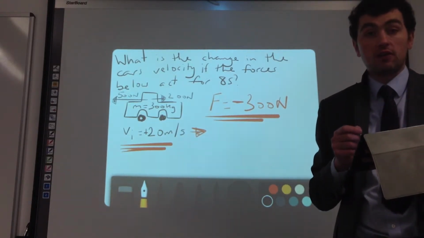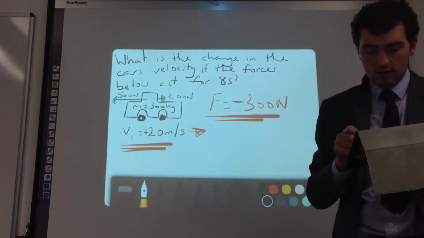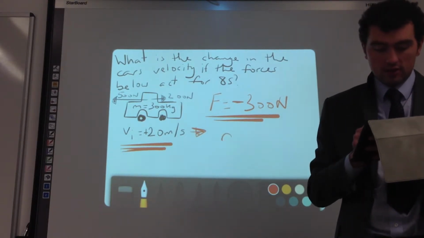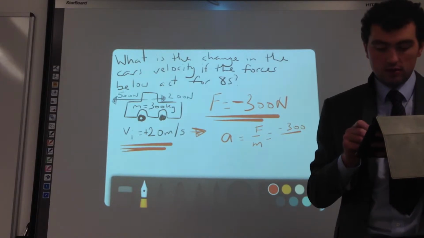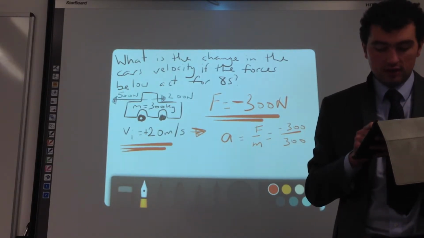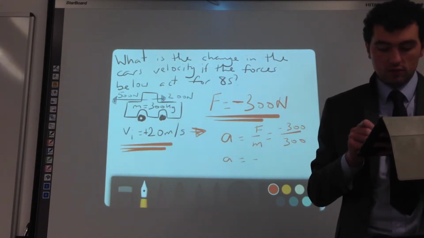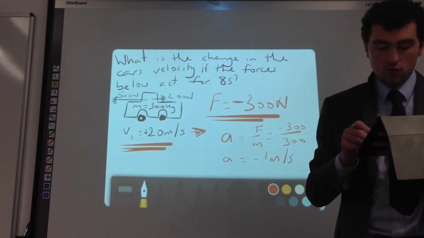Okay, so I need to figure out what the acceleration is going to be. The acceleration is simply the resultant force divided by the mass, which is minus 300 divided by 300. So the acceleration is equal to minus 1 meter per second squared.